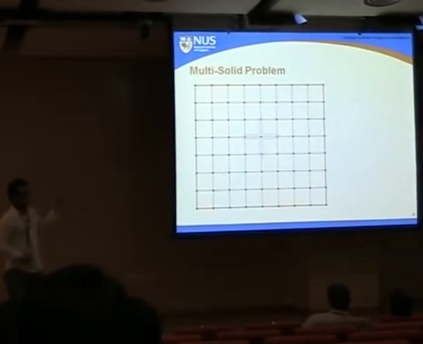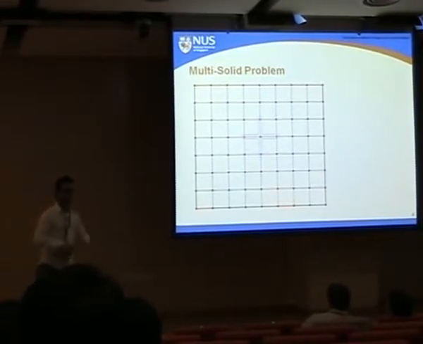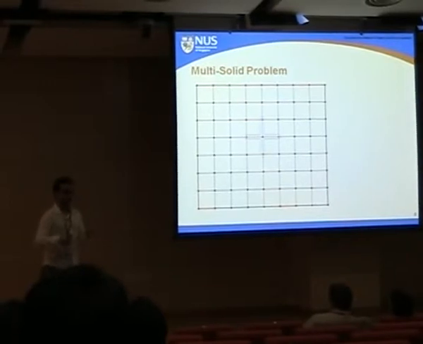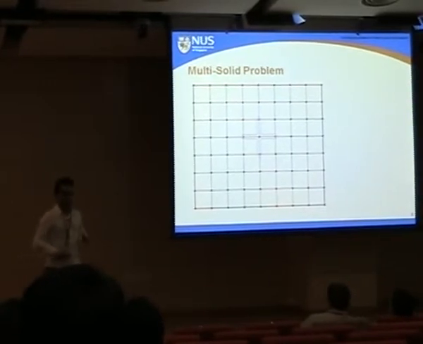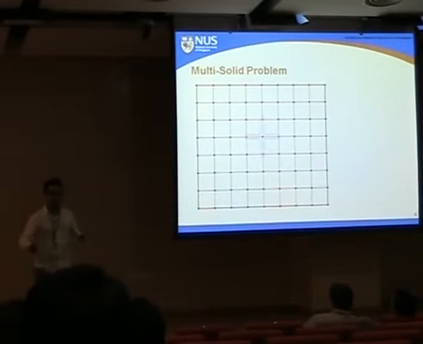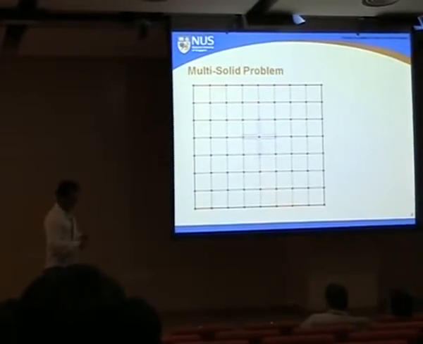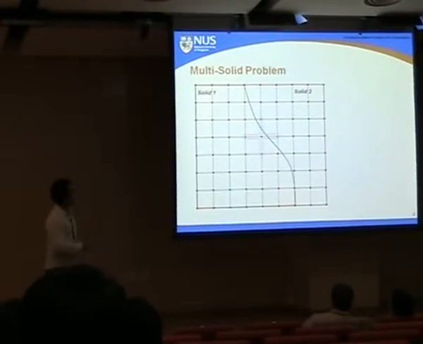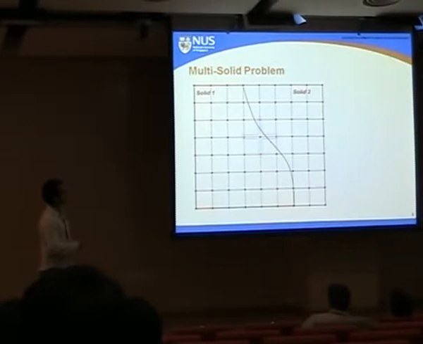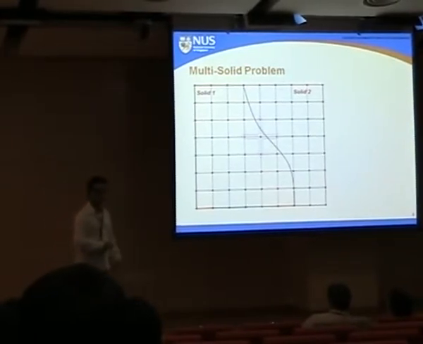In the meantime, several methods and algorithms have been developed for single solids. Throughout the years, for 50 years, people have been developing methods for single solids. The problem is that when you have 2 solids, the boundary of these 2 solids, the interface, passes through this computational domain.